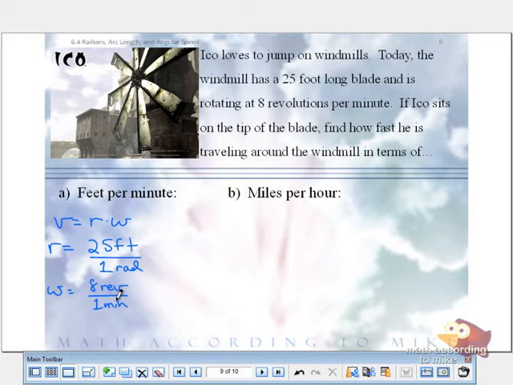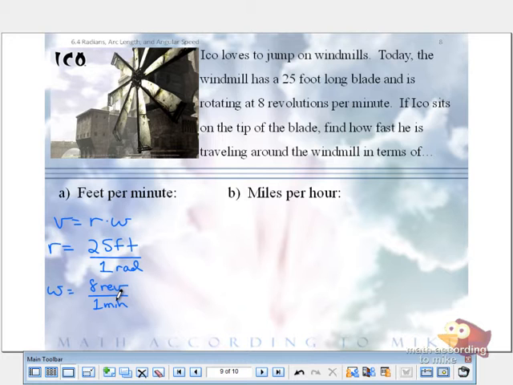Since in part A we want to go in the units of time for minutes, then we'll leave the 1 minute alone. But the issue is that R is in terms of radians, omega is in terms of revolutions. We have to get them into 1 common unit, because that's what needs to cancel out, because we're going to just want feet per minute when we're all said and done. Doesn't matter where you put it, as long as you do it.